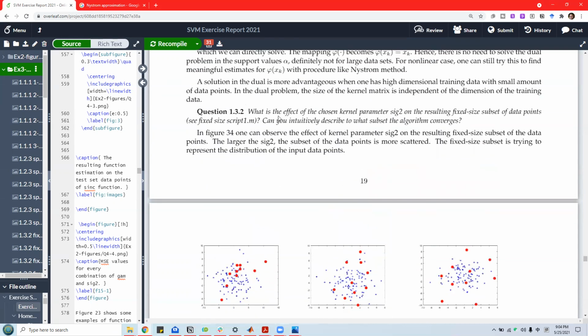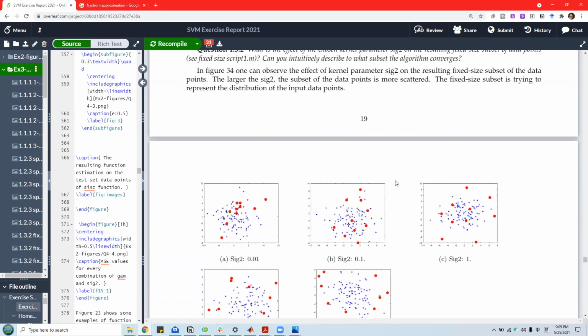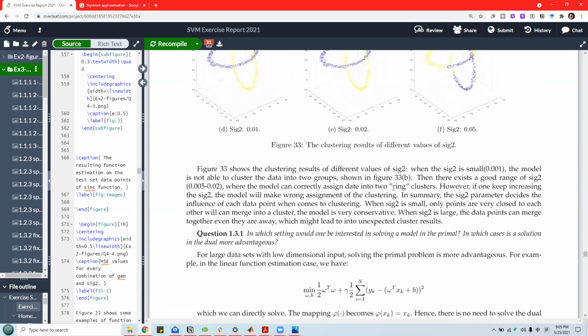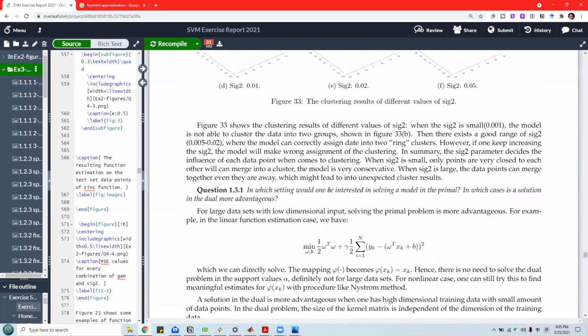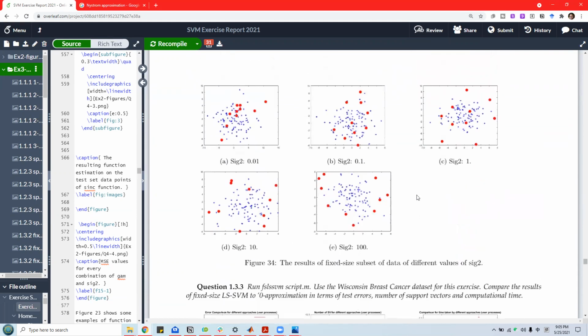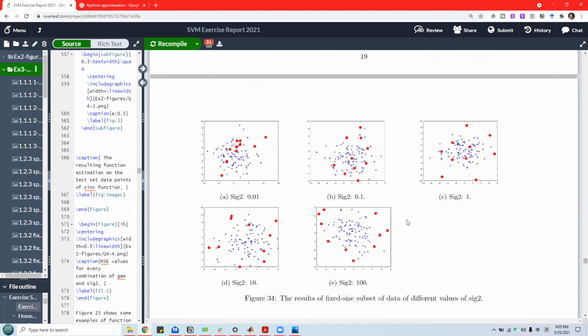But from what we understand about fixed-size SVM, you use this representation to take a smaller subset of the large data set, and you use those data points as a representative and also as an approximation.